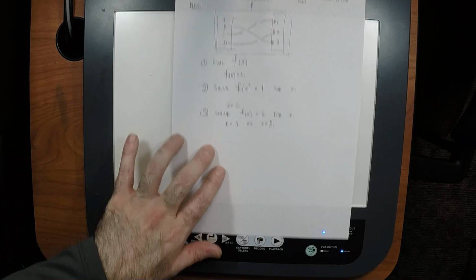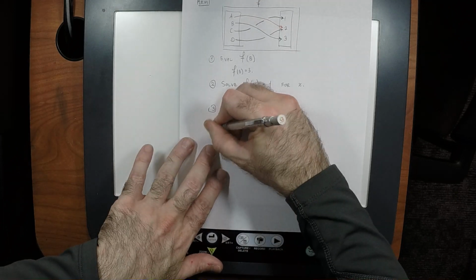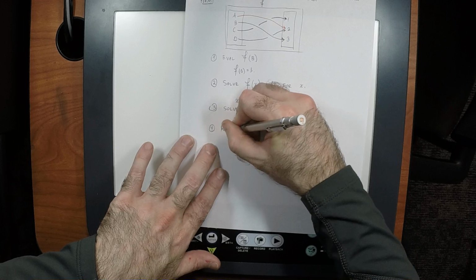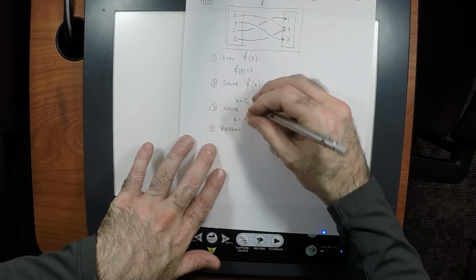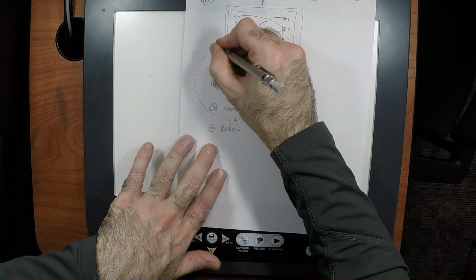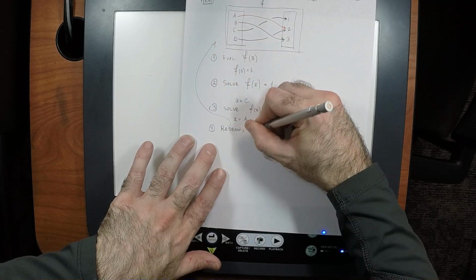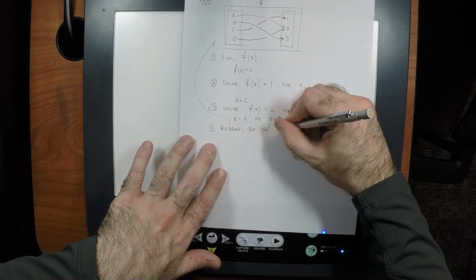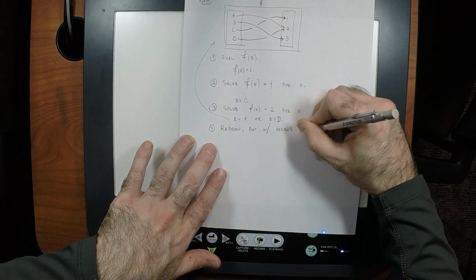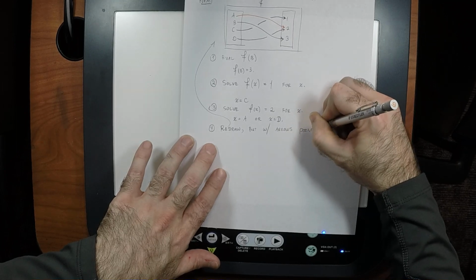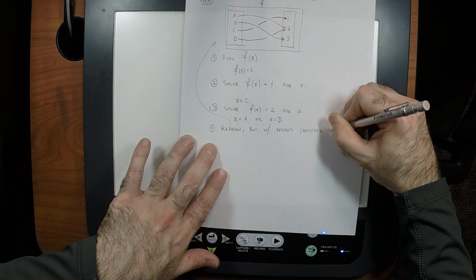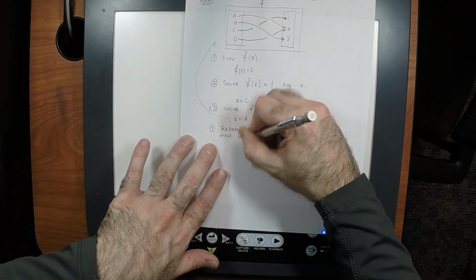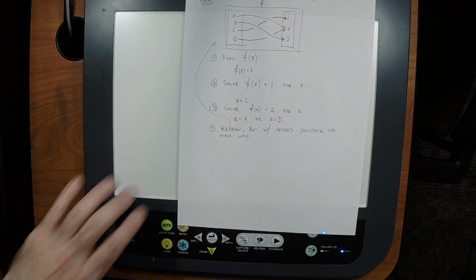All right. So here, what I want you to do is redraw this thing, but with the arrows turned around. So with the arrows pointing the other way.